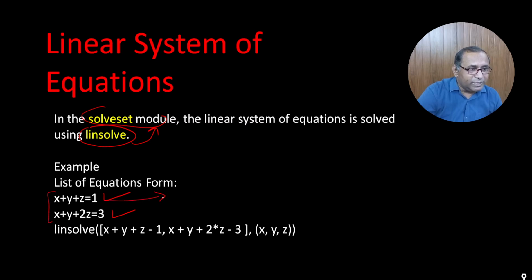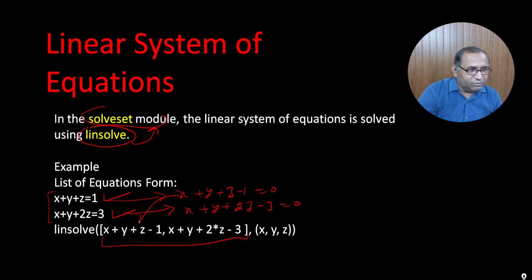So first convert the equation to x plus y plus z minus 1 is equal to 0, and the second equation can be written as x plus y plus 2z minus 3 is equal to 0. So this is the system of equations.